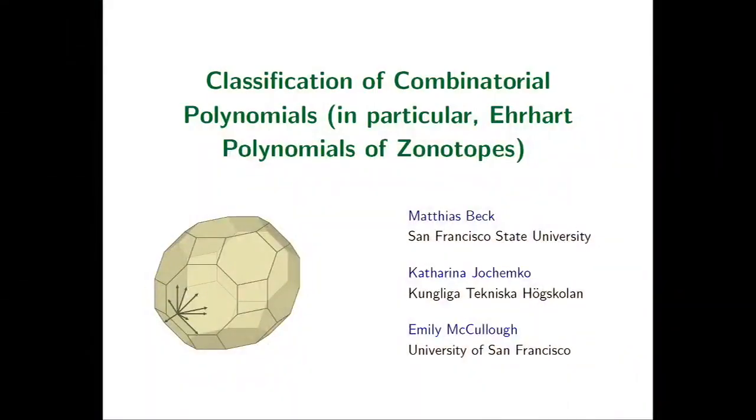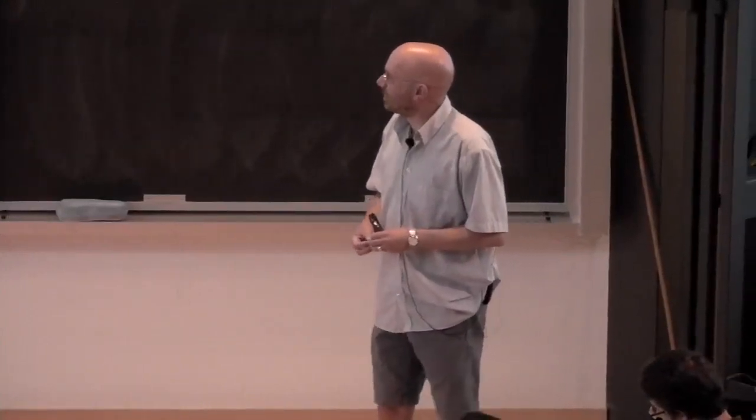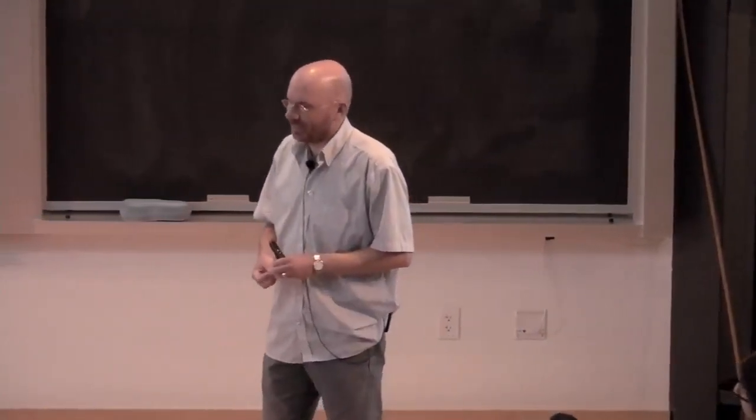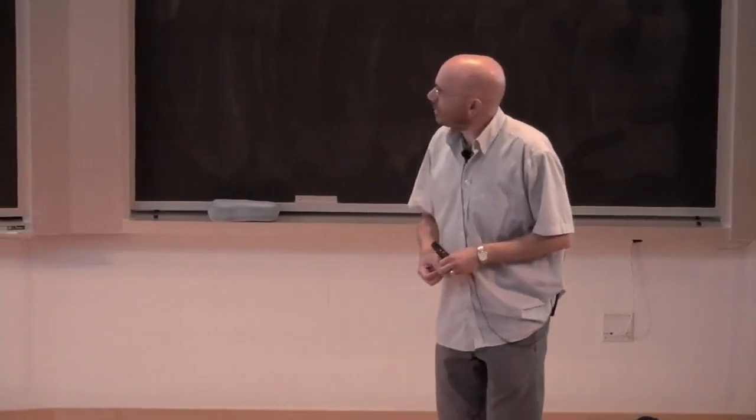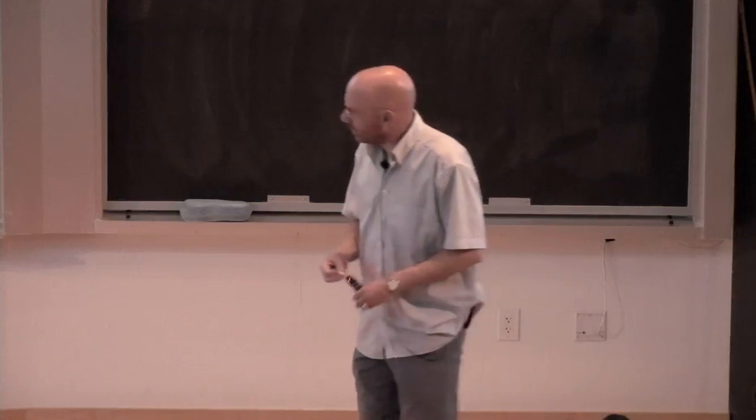So my plan is to give half a survey talk about classification of polynomials in combinatorics, and half new results with Katharina, whom you all know, and our joint former student, Emily McCullough. The motivation is very simple.